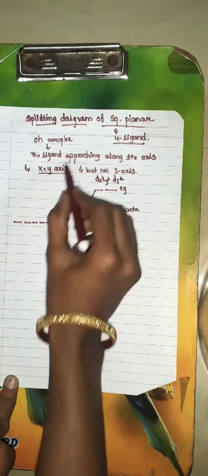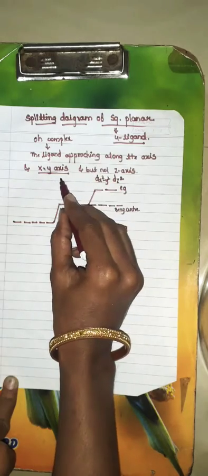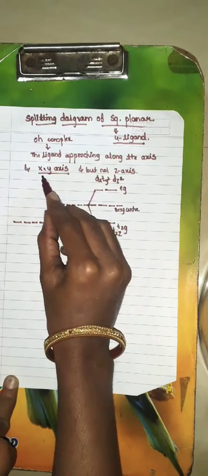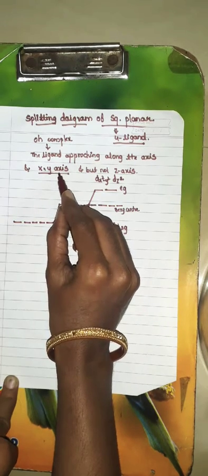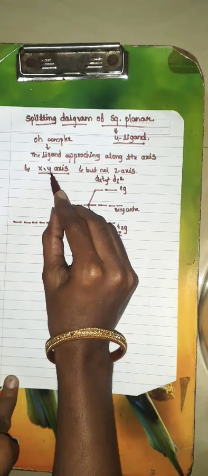This is octahedral splitting. In square planar splitting, it will undergo further splitting because the ligands approach along the xy axes.